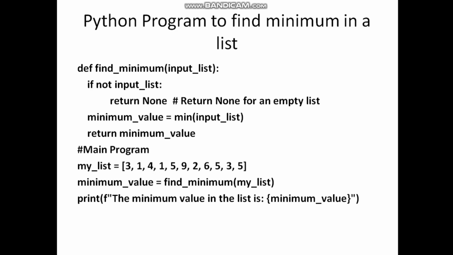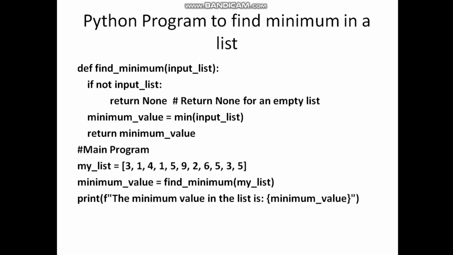This argument is called the actual argument, and once it is assigned to input_list, that is called the formal argument. The actual argument means the values which you exactly pass through the function, and the variables defined inside the function definition are called the formal arguments.